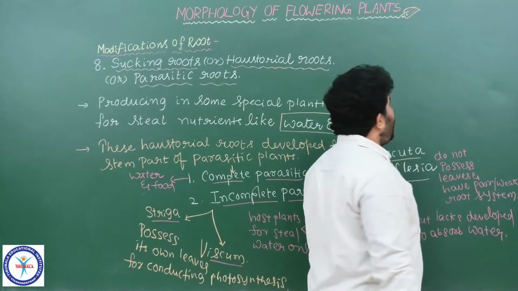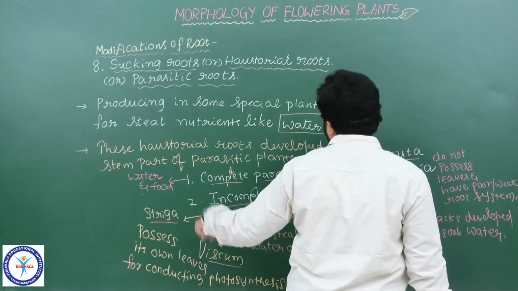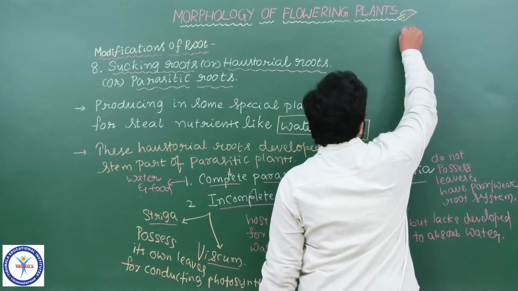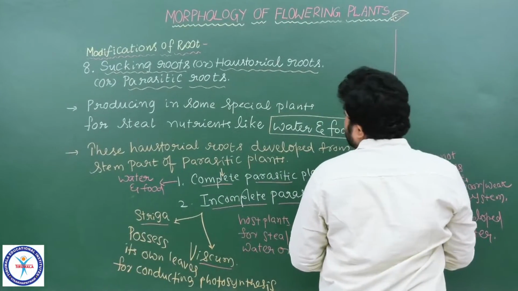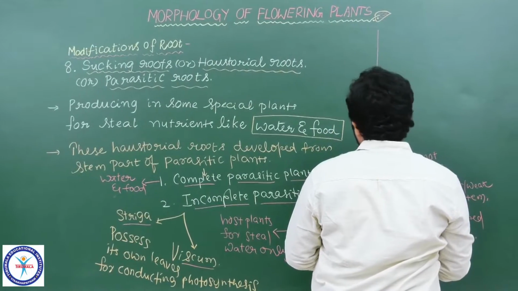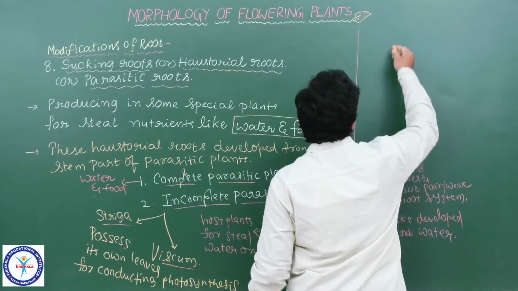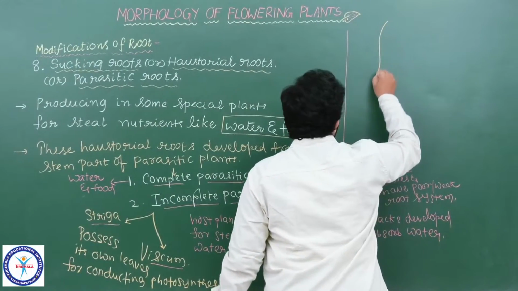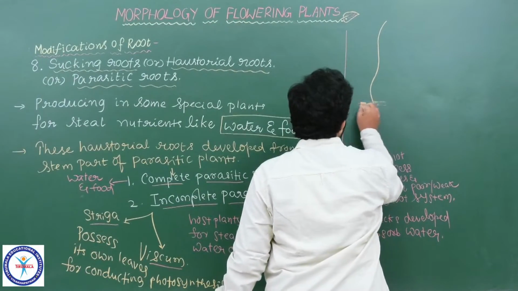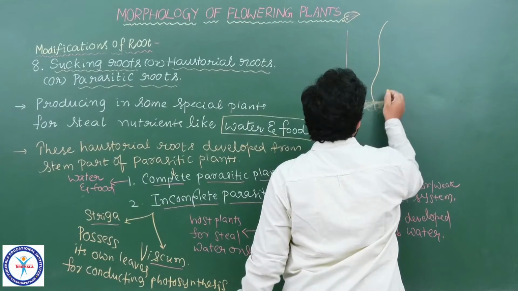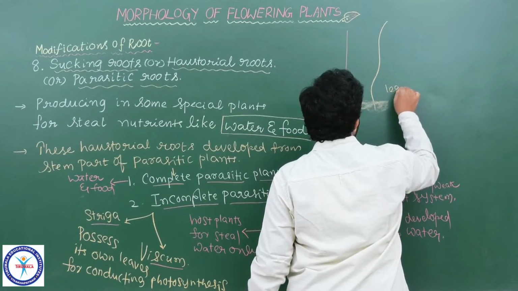Now we are going to draw the diagram for these two types of parasitic plants, complete parasitic plants and incomplete parasitic plants. So please draw the diagram here. Mostly complete parasitic plants we see growing on plants like legume plants.